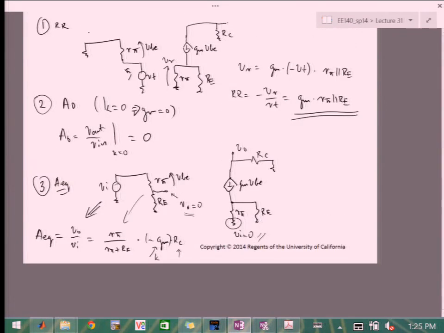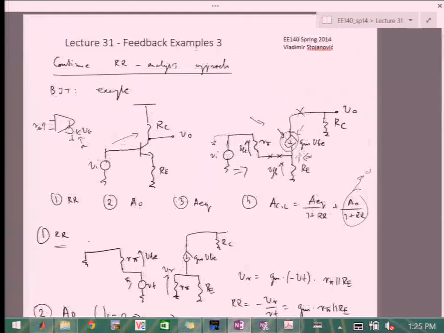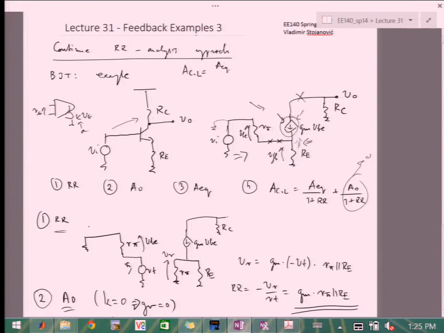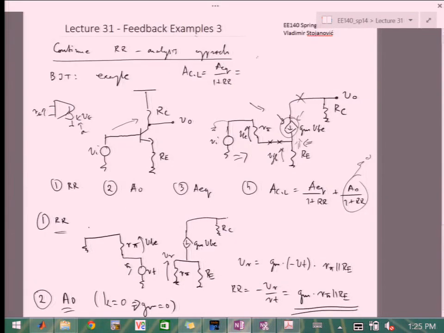Okay, so we have return ratio. We have A0 and A equivalent. And now we can write the A closed loop as A equivalent over 1 plus return ratio. Okay, and that will be then just R pi over RE plus R pi times minus GM RC.